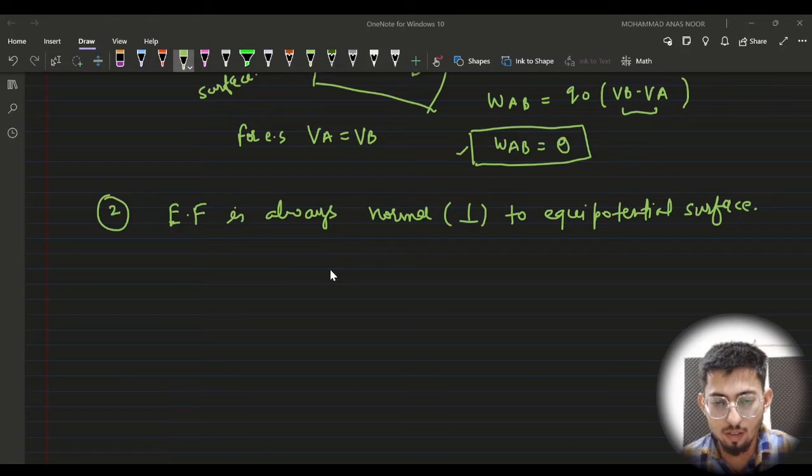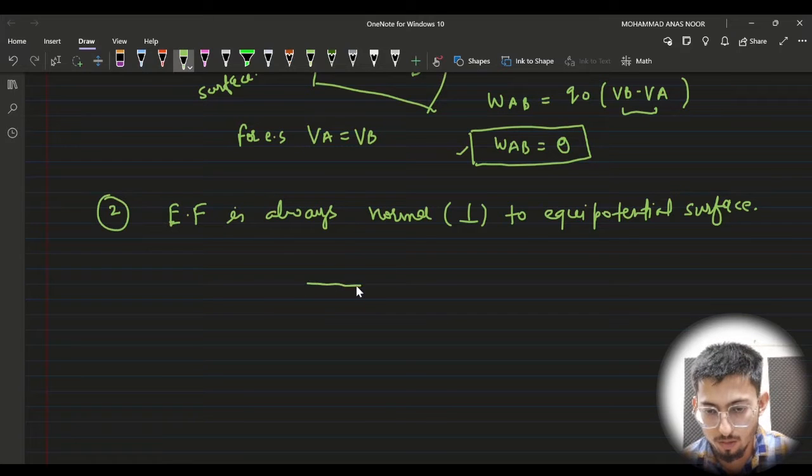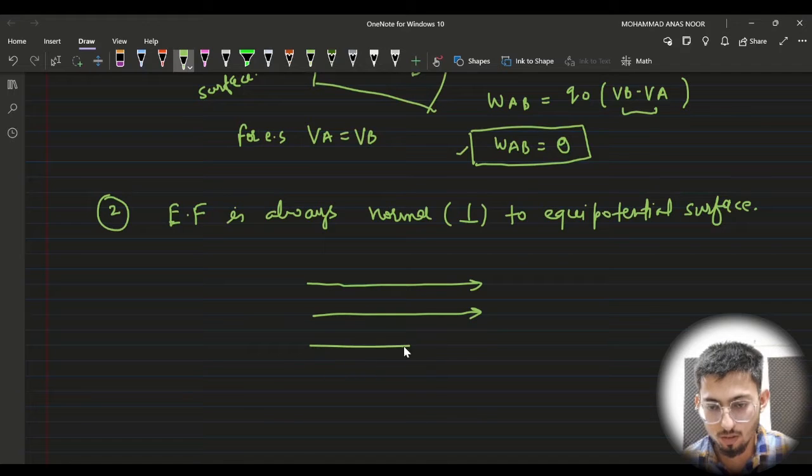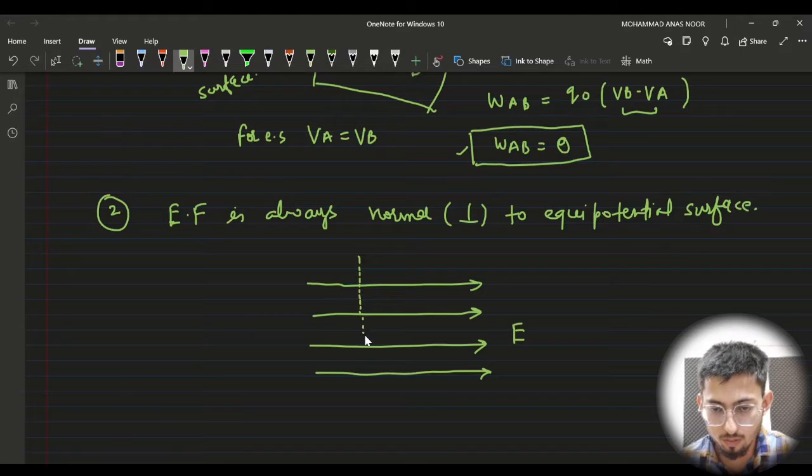See, if the field were not normal to the equipotential surface, it would have a non-zero component along the surface. Let us draw some constant electric field, and the equipotential surface to this is like this. This is one of the equipotential surfaces. So the electric field is always normal to it, isn't it?